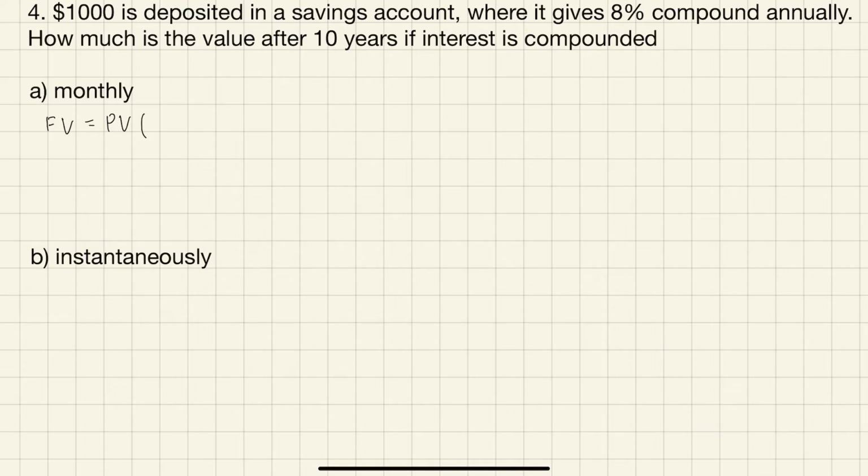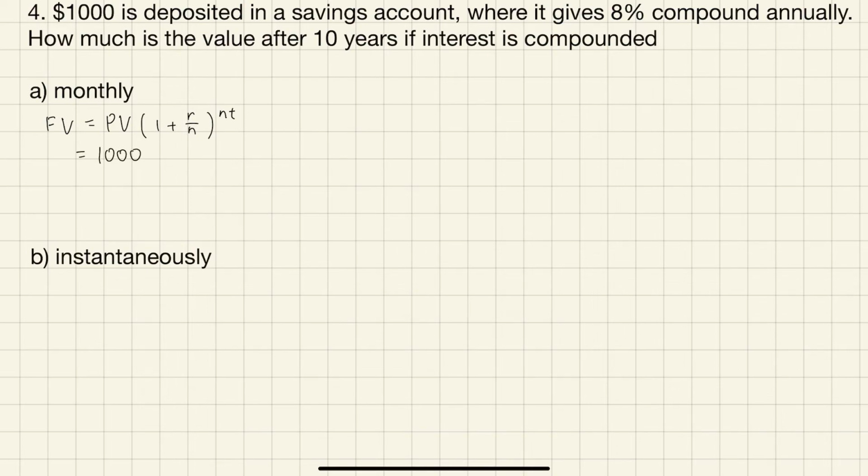This is FV is equal to PV times 1 plus r over n to the power of nt. Here, FV is the future value, PV is the present value, n is the number of compounding periods per year, r is the nominal annual rate of interest, and t is the number of years.